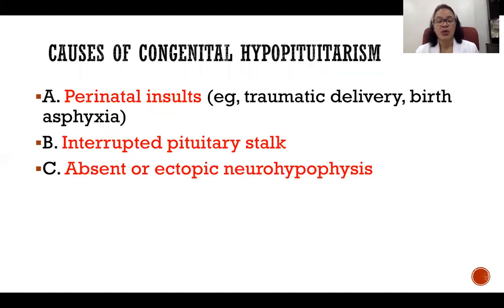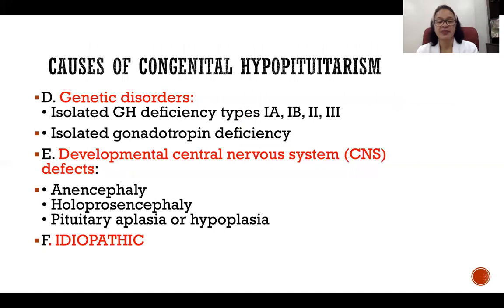Okay, so this is for your congenital hypopituitarism. So it could be a perinatal insult. It could be traumatic during delivery or birth asphyxia. It could be interrupted pituitary stalk, or an absent or ectopic neurohypophysis.